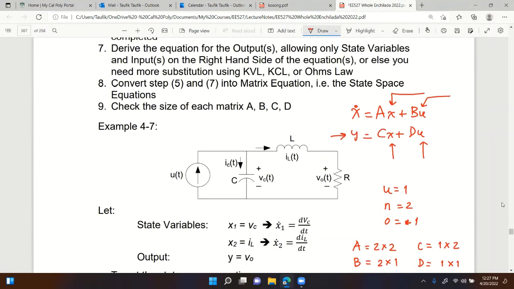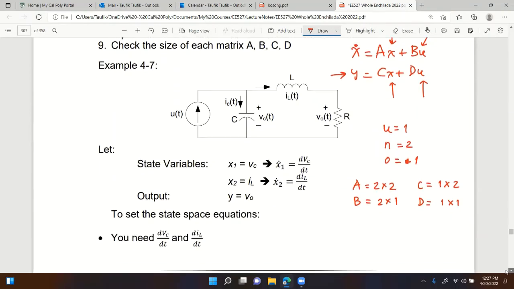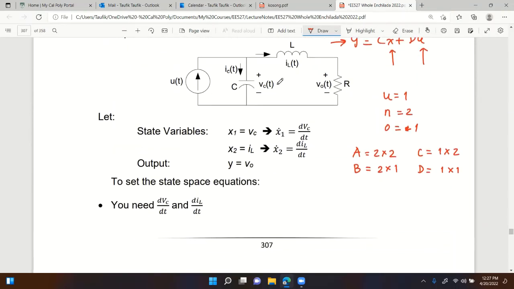Okay. Let's go back. Okay, state variables. I pick x1 to be equal to VC. So therefore, x1 dot is dVC/dt. x2 would be IL, and therefore x2 dot would be dIL/dt.